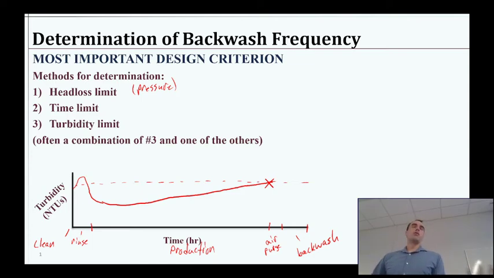So that would be our scenario where we're only going by turbidity. We know we have this rinse time period, and we expect the particles to be quickly dropping off. And then during operation, we continue until we hit that limit and say, okay, that's the time limit. So that's kind of one way. That's probably the safety-first type of option, but that doesn't give you a whole lot of control in terms of routine maintenance, routine design.